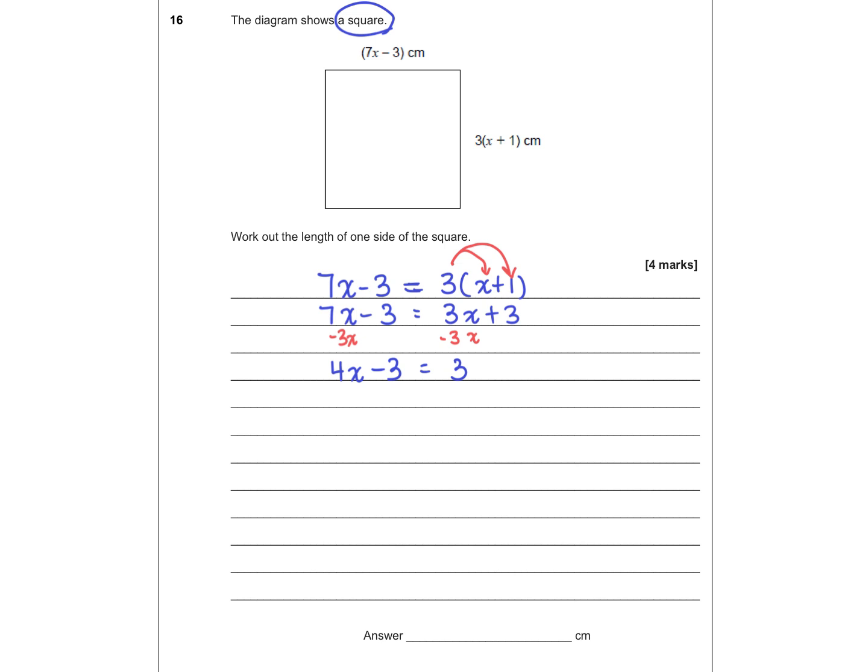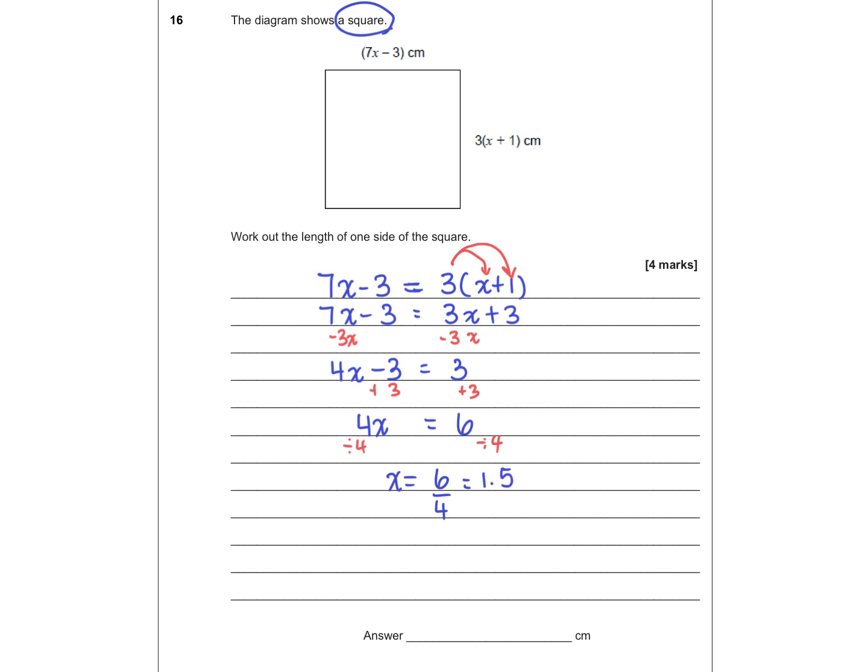Now I need to get rid of this minus 3 so I can get the 4x by itself. So plus 3 and plus 3, and I'm left with 4x equals 6, which we actually saw on paper 1. Now you could divide both sides by 4, and we're going to be left with x is equal to 6 over 4, which is 1.5.